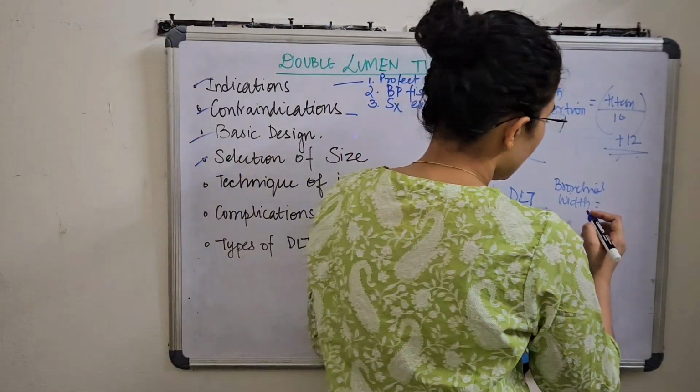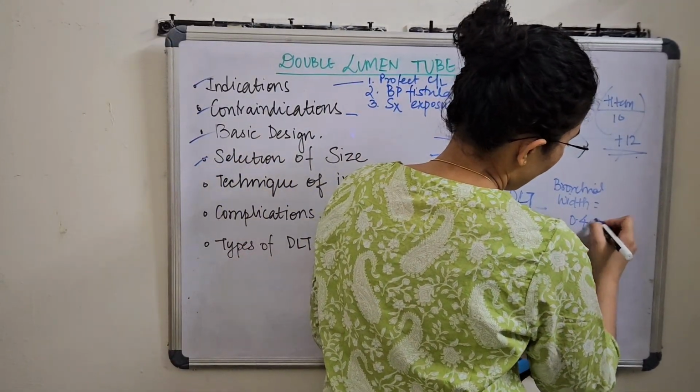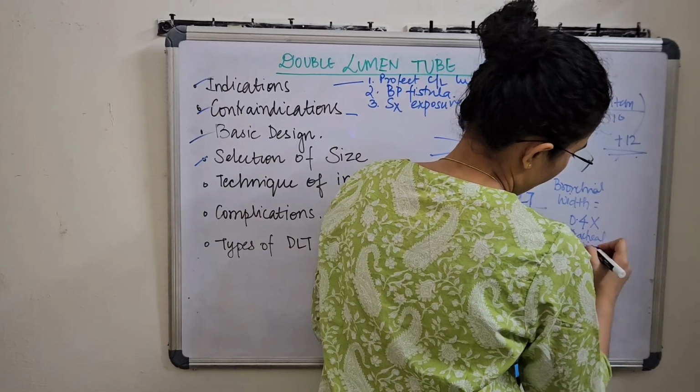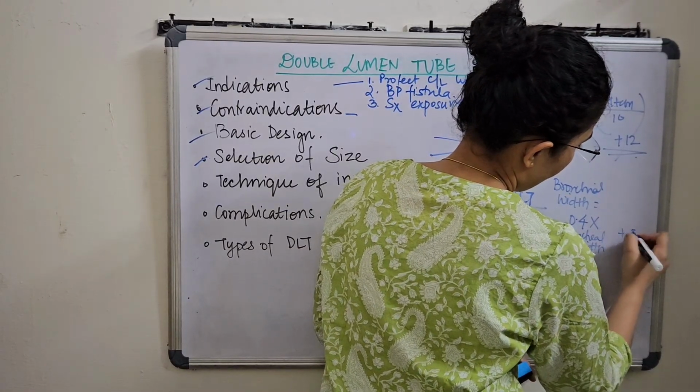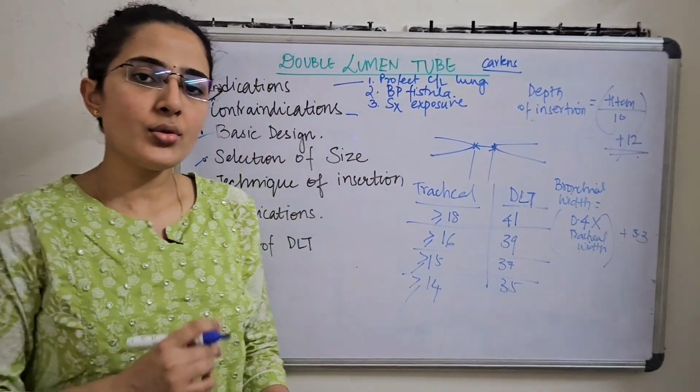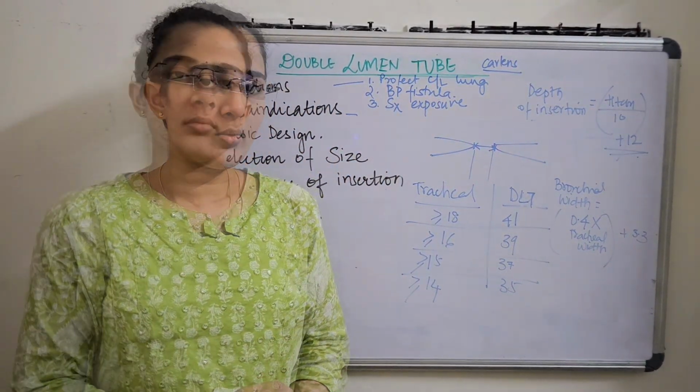There is a formula: 0.4 times the tracheal width plus 3.3. So this is the formula for the bronchial width to determine the size of a double lumen tube.